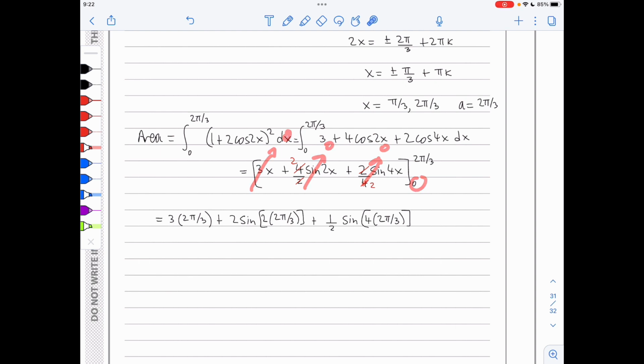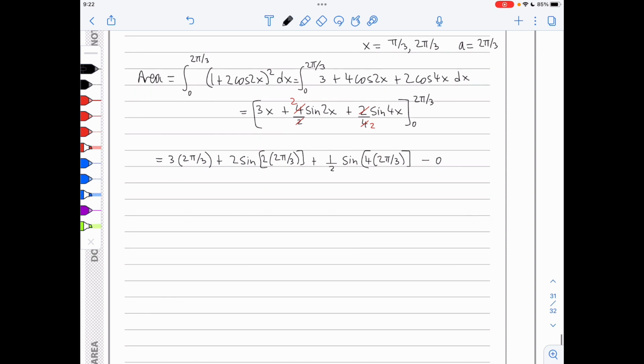So the contribution from the lower limit is simply 0. So this is 2 pi plus minus root 3 plus root 3 over 4, which simplifies to 2 pi minus 3 root 3 over 4, which is the final answer.